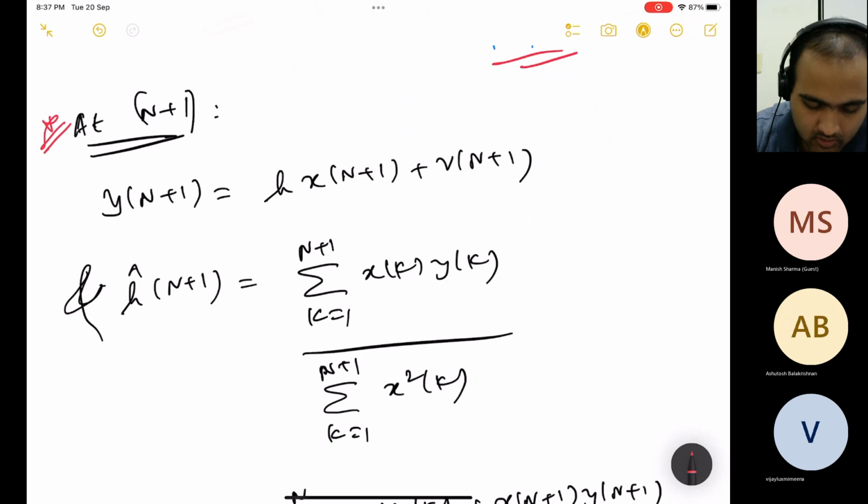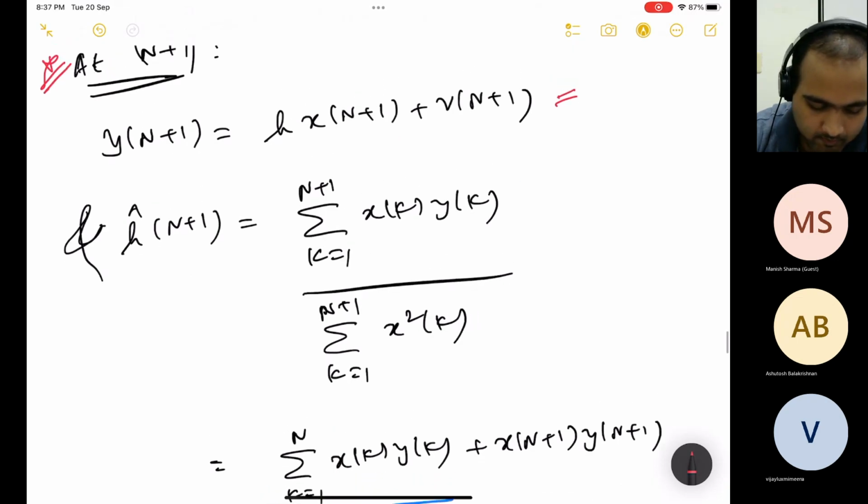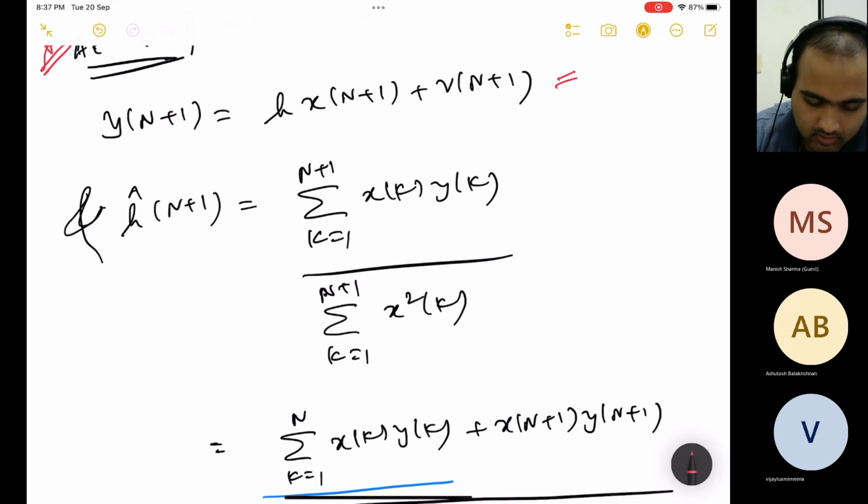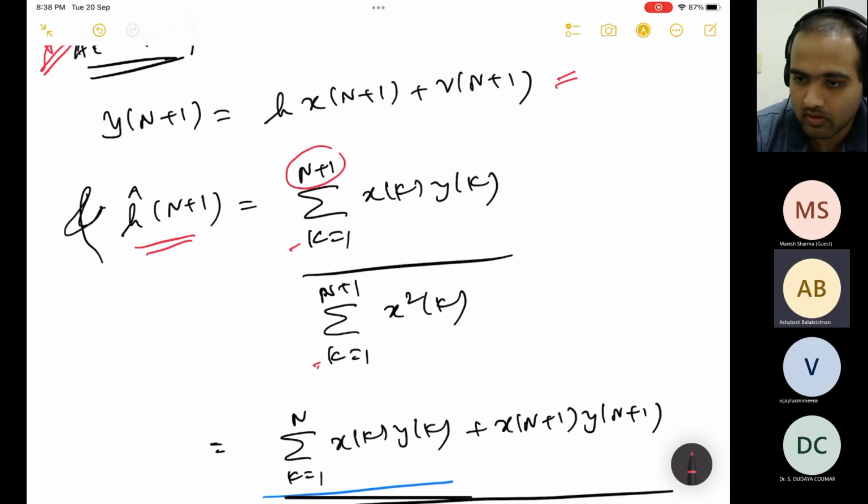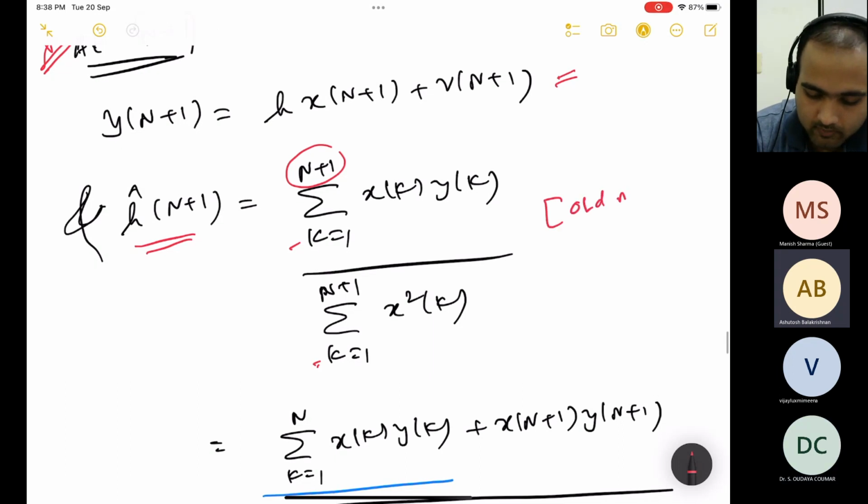So yn plus 1 will be h times xn plus 1 plus vn plus 1. This is our signal model, and for h hat n plus 1, now k will go from 1 to n plus 1, and similarly in the denominator k will go from 1 to n plus 1. So this is my old method.